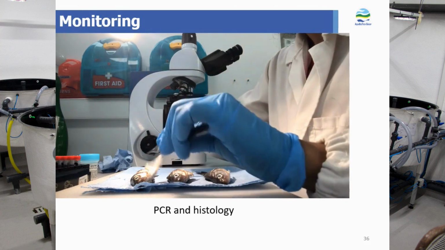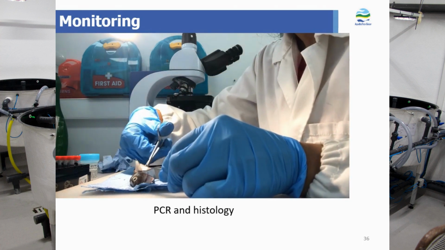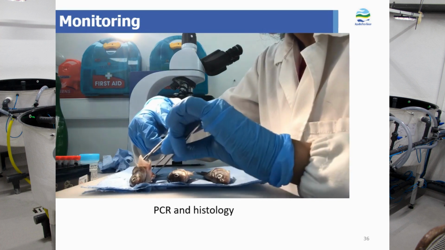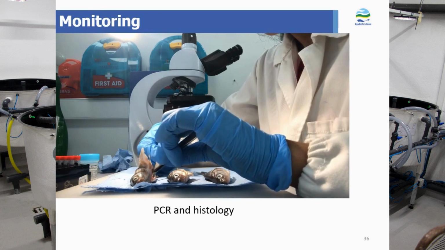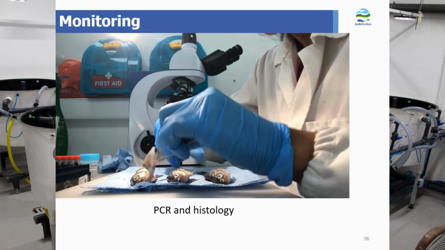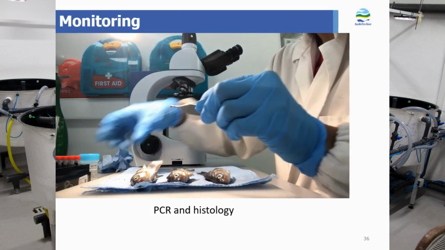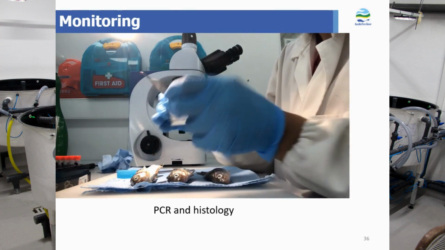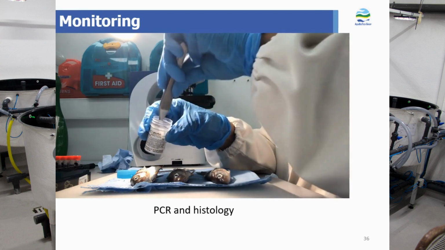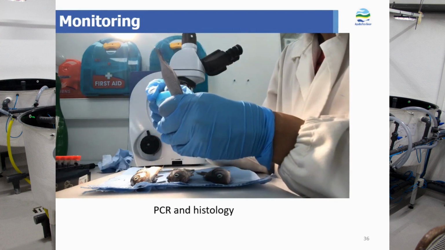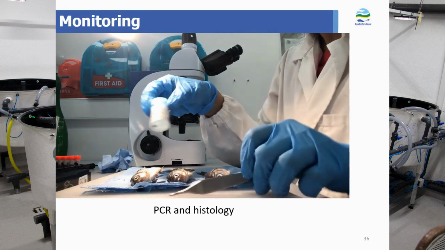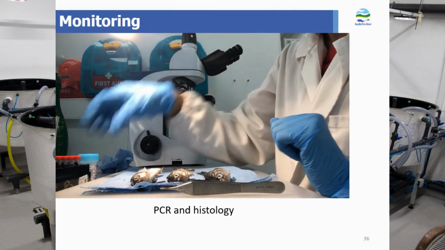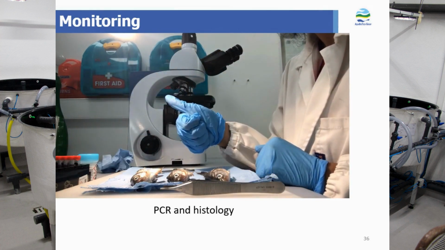And we proceed to take another sample, another piece of head kidney probably, and we put it in formalin. So formalin will fix this tissue, and we will have as a result something very similar to biopsies in humans.